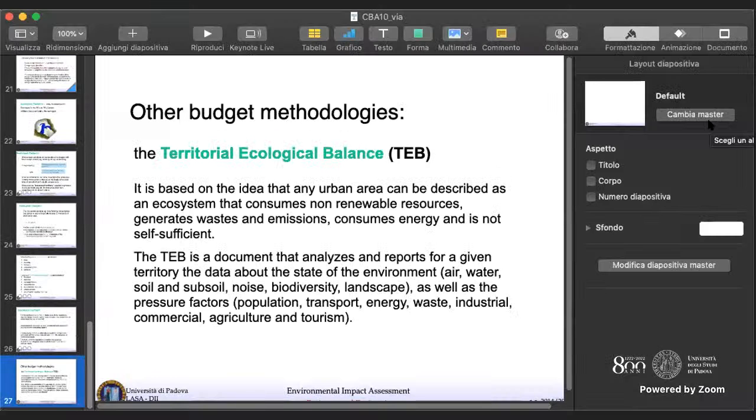Okay, we stop here for today. I remind you that next Thursday we will discuss the subject for the group works. The group work, so the production of a report and the presentation of the report in the class, is one of the elements that make up your final grade for the exam.